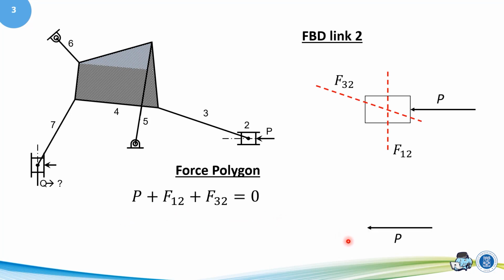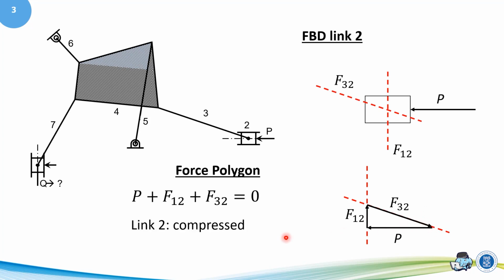In constructing the force polygon, first we draw the vector P, and then we draw the direction of F12 and the direction of F32. Don't forget, this polygon should be a closed polygon, so we can find the magnitude of F12 and also F32. From the force F32, we can know that link number 3 is in compression.